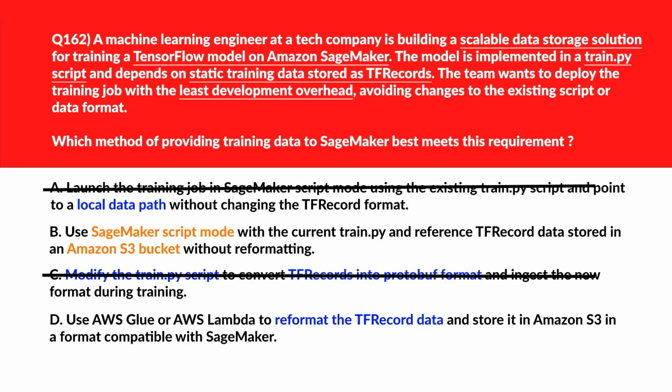We'll move to option D. D says use Glue or Lambda to reformat the TF record data and store it in S3 in a format compatible with SageMaker. Reformatting data introduces extra processing steps and changes the original format, which will increase complexity or development overhead. We'll delete this. Lock option B as the right answer.